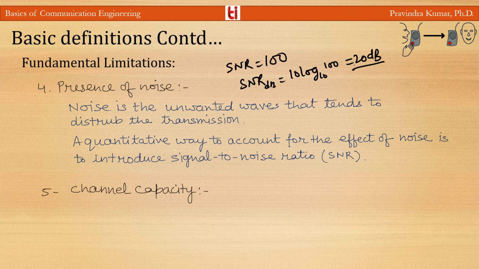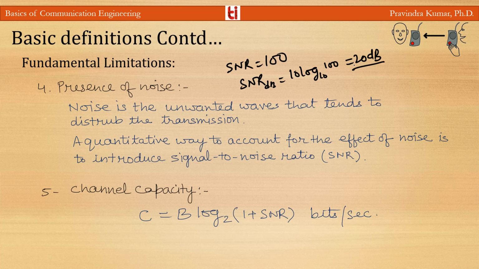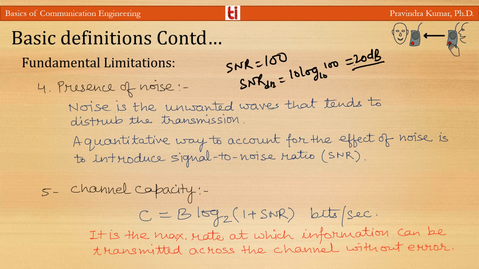Another point is from the information capacity theorem: the channel capacity is C equals channel bandwidth B times log2 of 1 plus SNR bits per second, and it is defined as the maximum rate at which information can be transmitted across the channel without error.